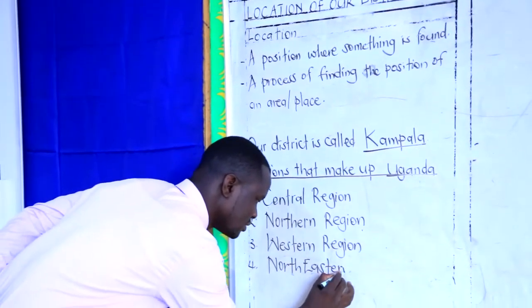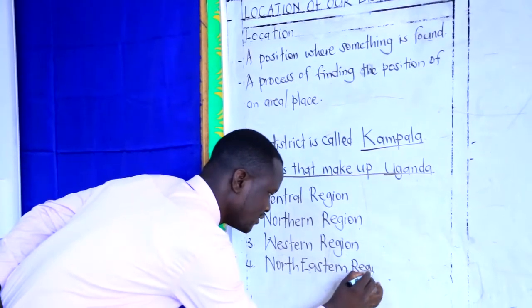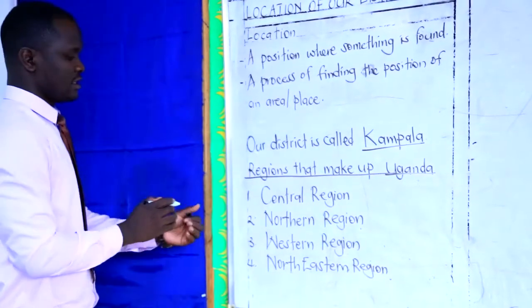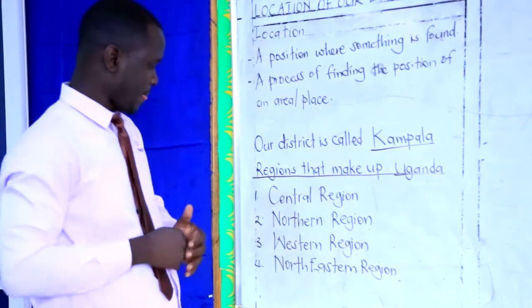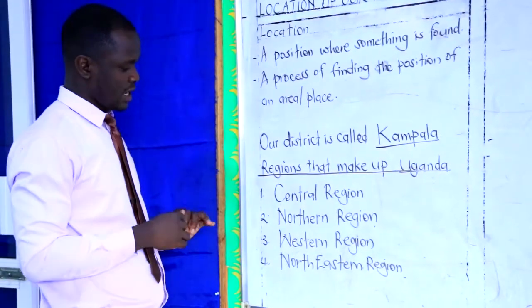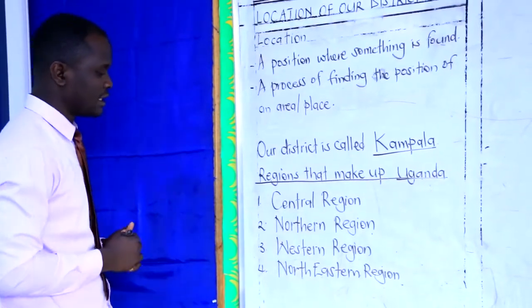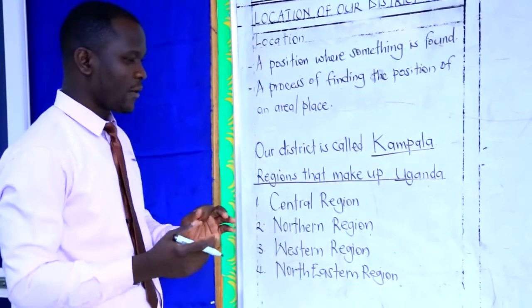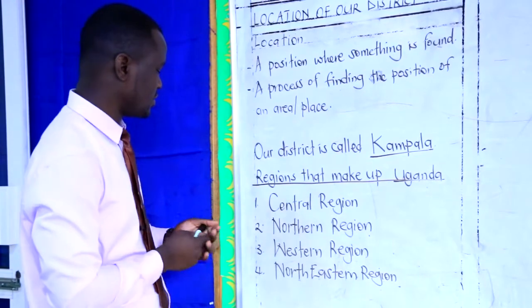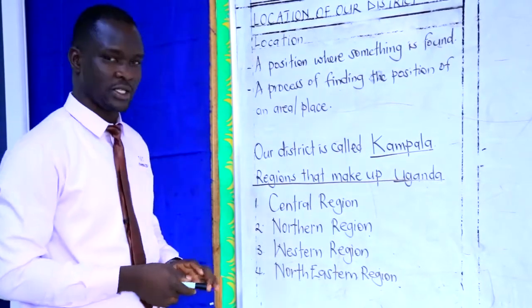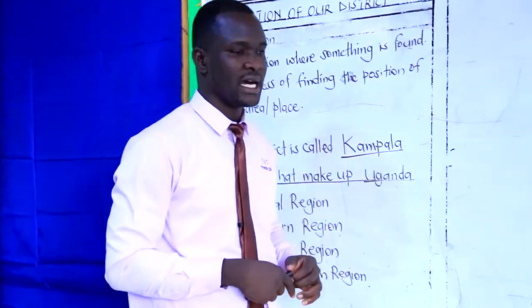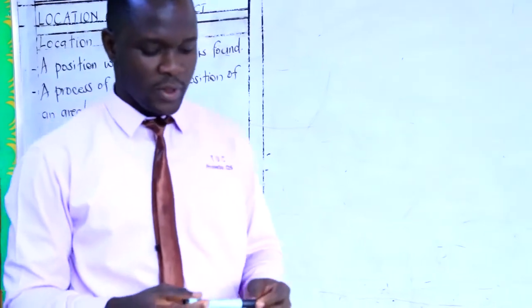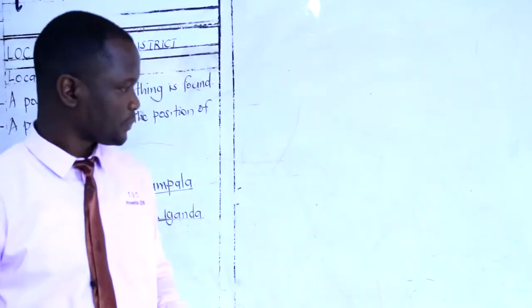This is around the Karamoja area. That is also another region that we have in Uganda. The other one we can bring as a sub-region when we come to look at that, because here we are looking at the compass direction.